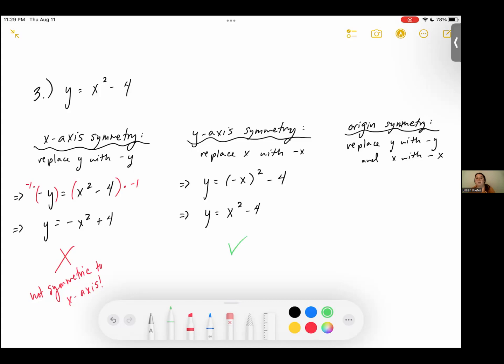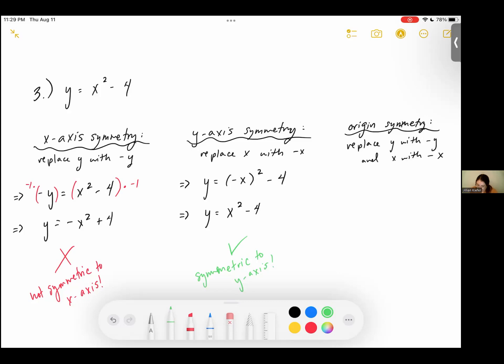So this is how we were able to figure out that it was symmetric. So we can write in here now, symmetric.